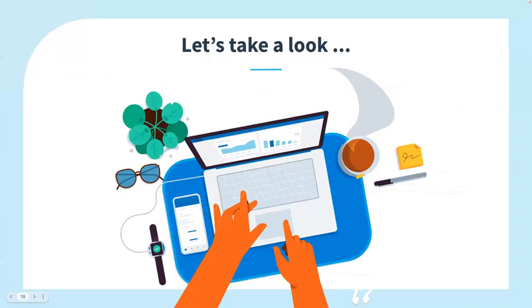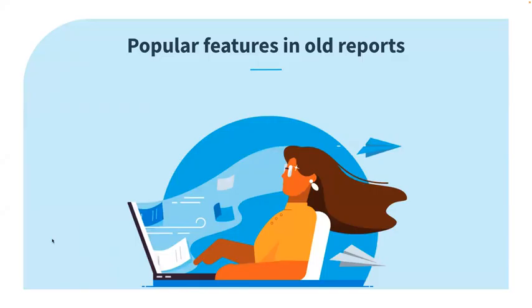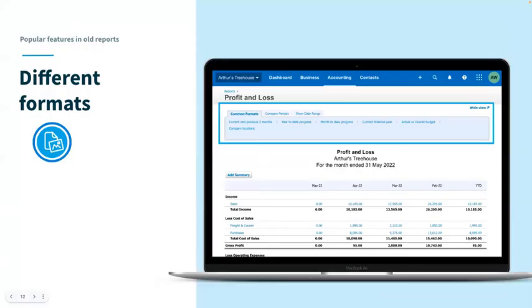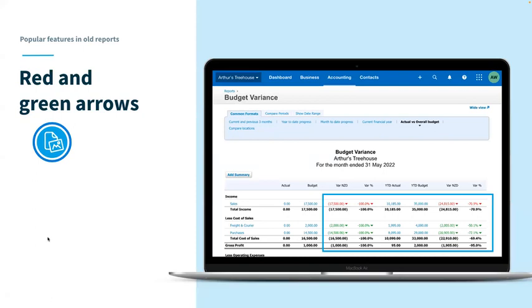So let's head back over to our slides and talk about some of those popular features that we have in old reports. Firstly, it was really easy to select different formats for the profit and loss, as you can see along the top highlighted there. We had those helpful green and red arrows that show favourable and unfavourable variances.